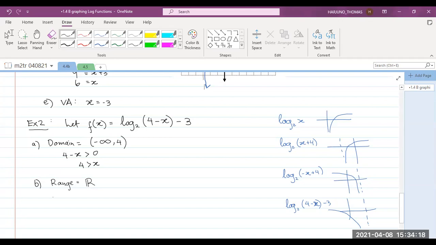And then part C, how about the y-intercept? f(0) equals log base 2 of 4, minus 3. What is log base 2 of 4? 2 to what power equals 4? That's 2, right? So the y-intercept is (0, negative 1).